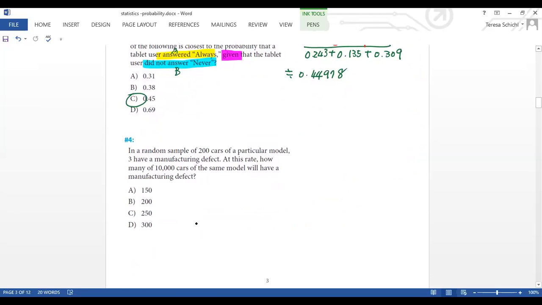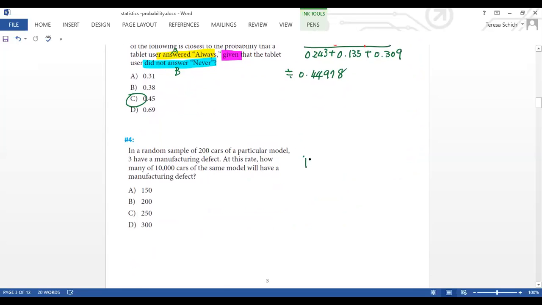Okay, so the next thing here, they say, in a random sample of 200 cars of a particular model, 3 of them have a manufacturing defect. At this rate, how many of these 10,000 cars of the same model will have a manufacturing defect?